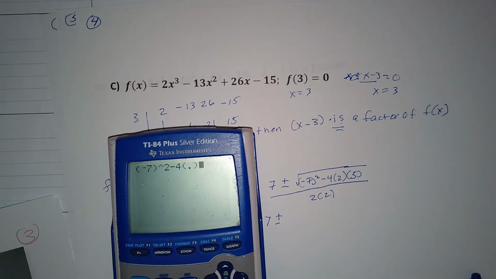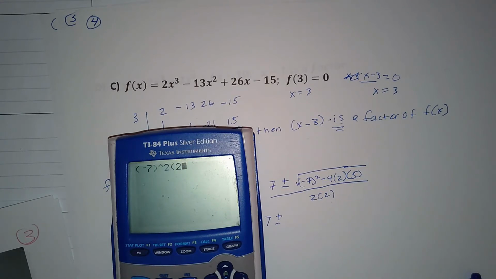Oops, I did that wrong. I'm going to have to do it one more time. Let's do it one more time with feeling. Let's hope it works out. So parentheses, negative 7, in parentheses, squared. And then we're going to multiply that times 2. So let's use parentheses 2.